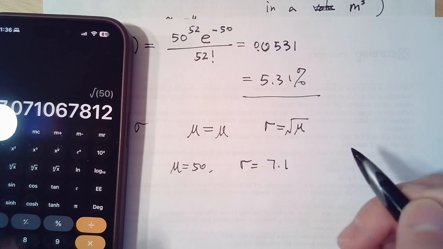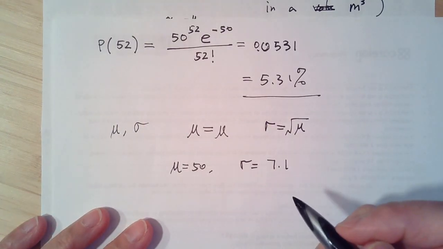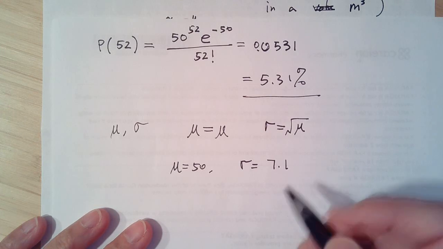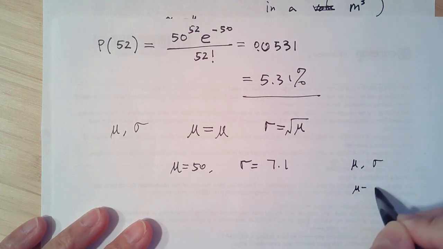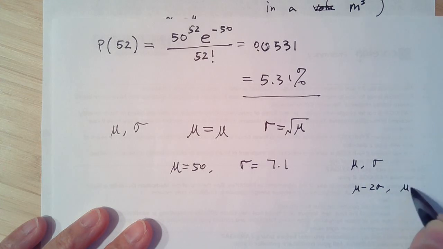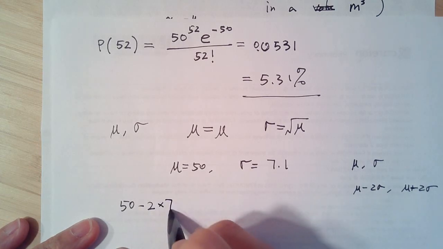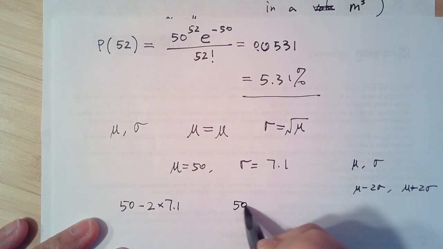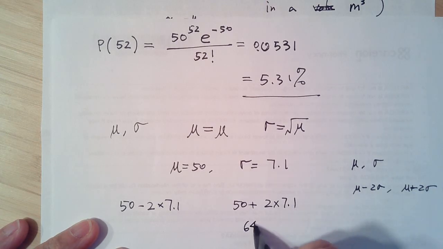Now we can find mu minus 2 sigma and mu plus 2 sigma. So 50 minus 2 times 7.1 is 35.8, and 50 plus twice 7.1 is 64.1.